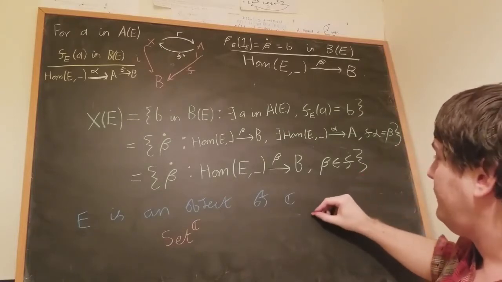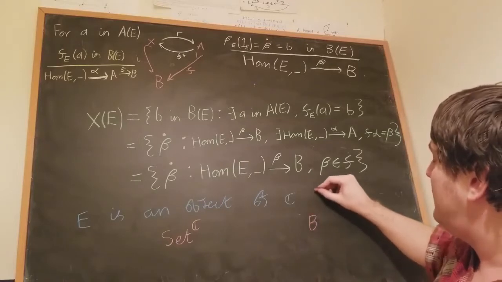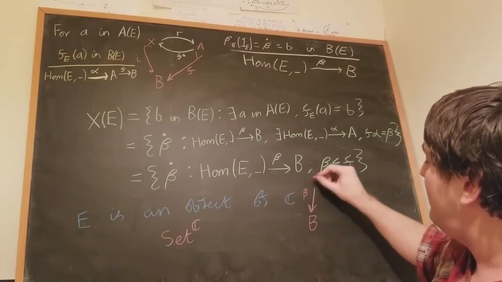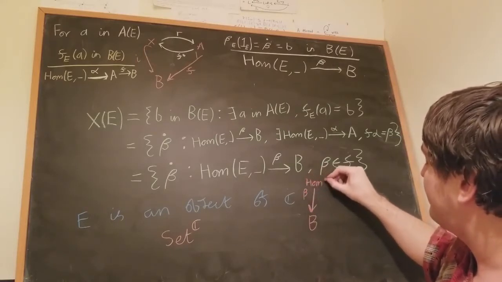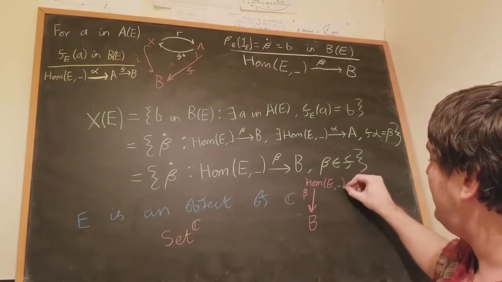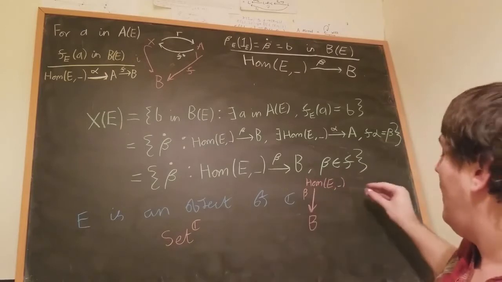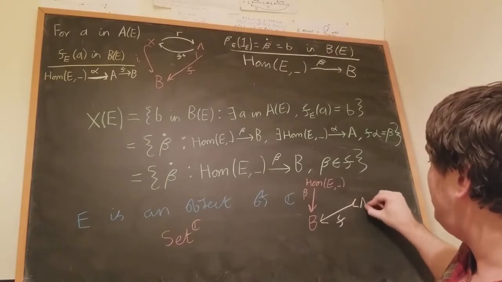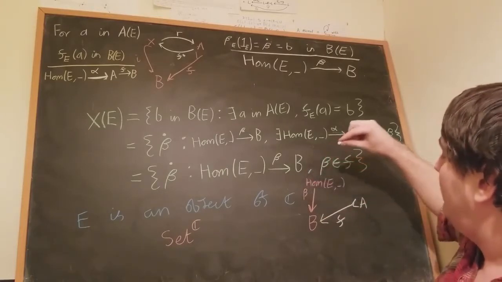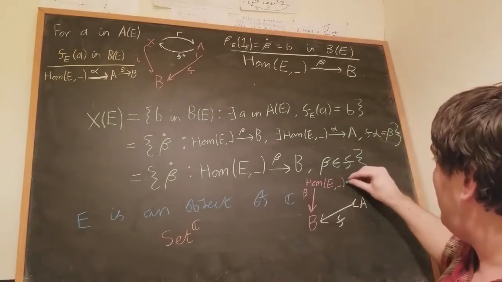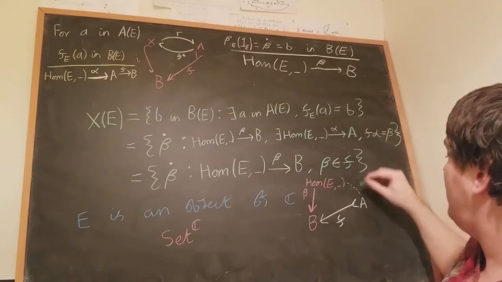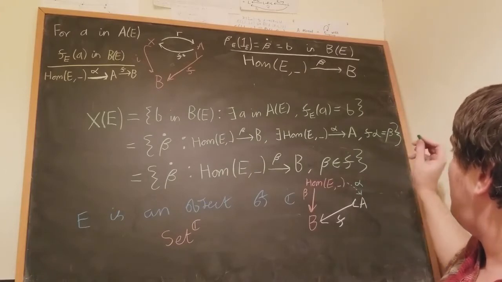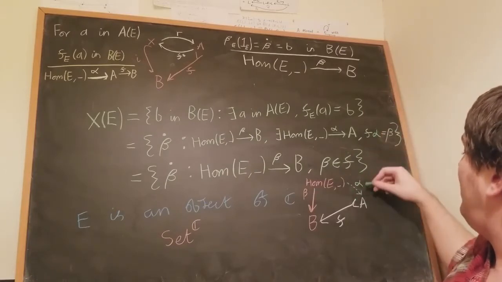We have this object B, and we're interested in the arrows beta into B from hom(E, -), and we also have this arrow f from A to B. We're interested in the beta such that there exists an alpha from hom(E, -) to A such that beta equals f after alpha.